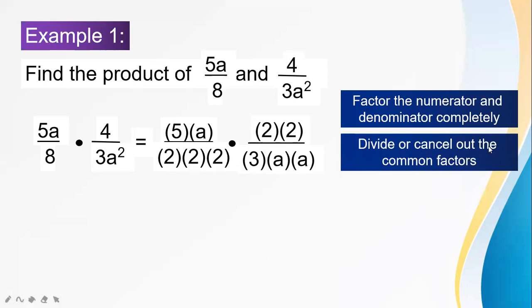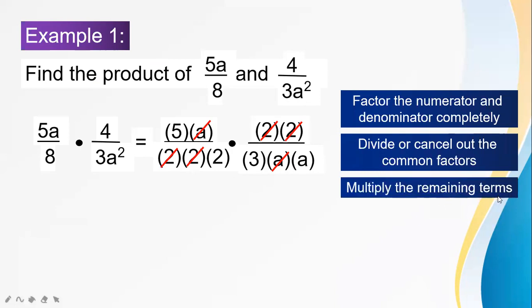Then divide or cancel out the common factors. So cancel out the common factor a, 2, and then another 2. Multiply the remaining terms.